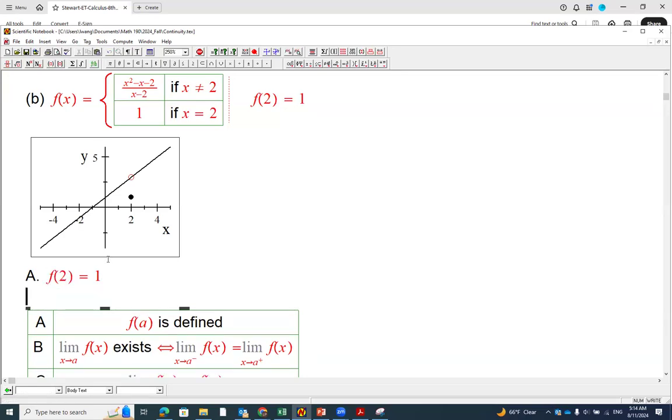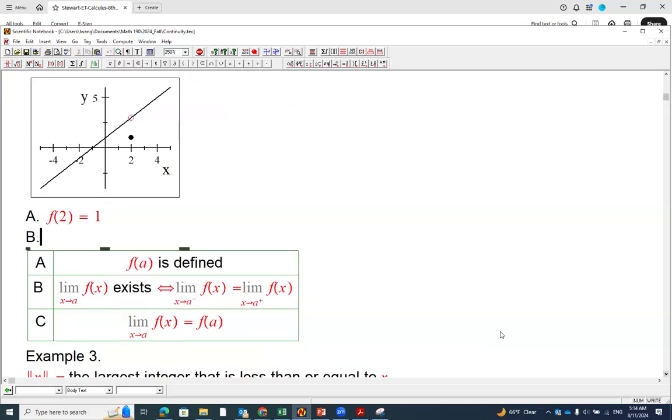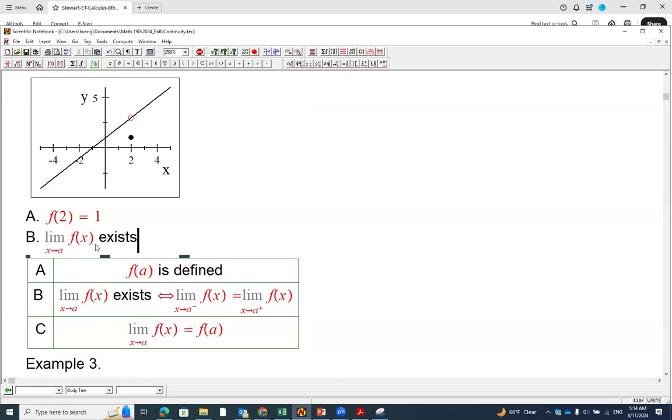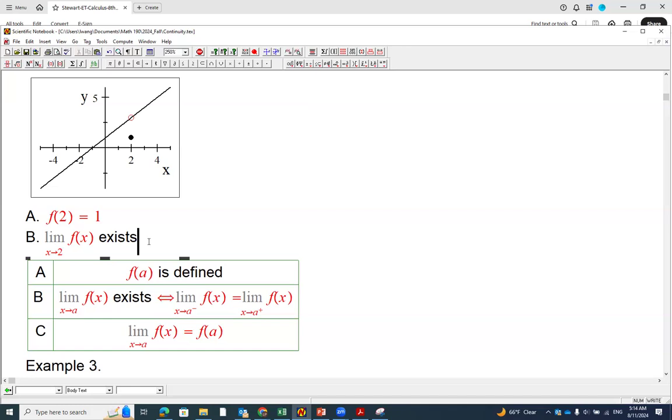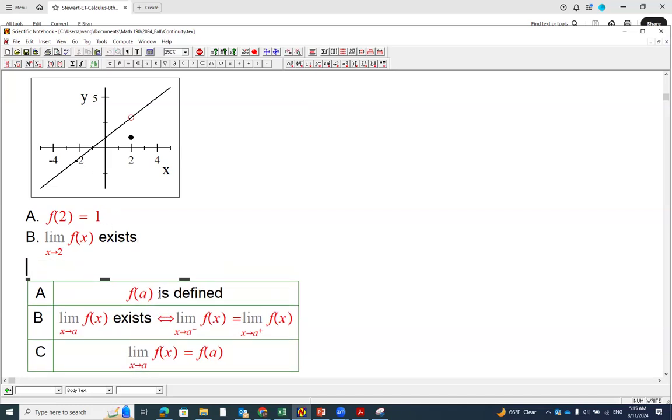B, you can say the limit exists. The limit does exist for our particular function as x approaches 2, so you need to change that. This limit exists.